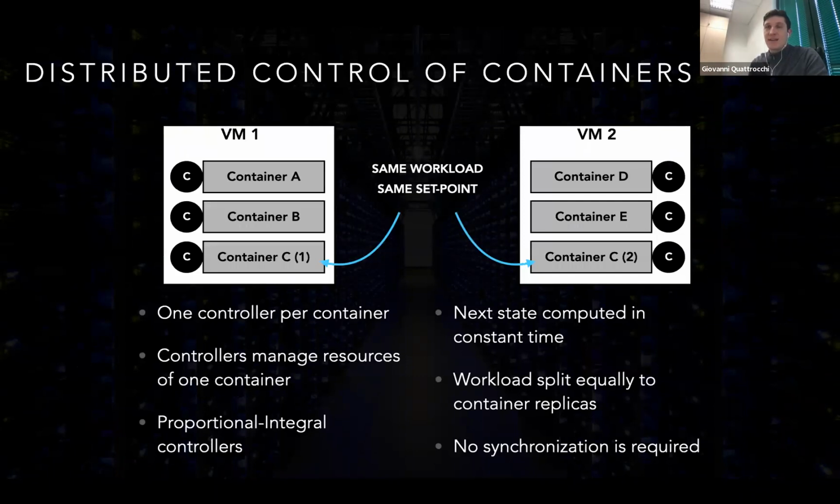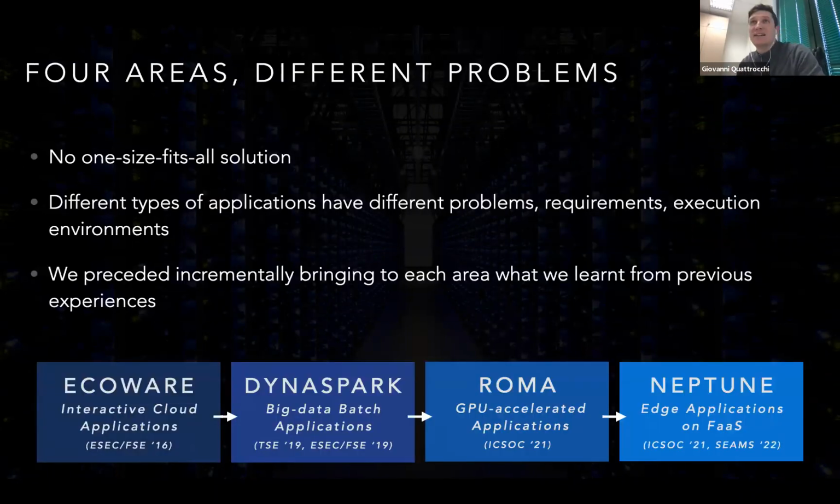And in fact, we mainly target 4 areas. First was microservices, interactive cloud applications. Then we moved to big data batch applications, so we dynamically allocate resources for these kinds of complex applications. Then we covered GPU accelerated applications, for example machine learning applications that can run on GPU accelerated hardware, so you have to control not only CPUs, but also GPUs.